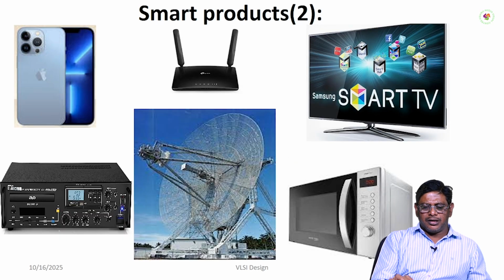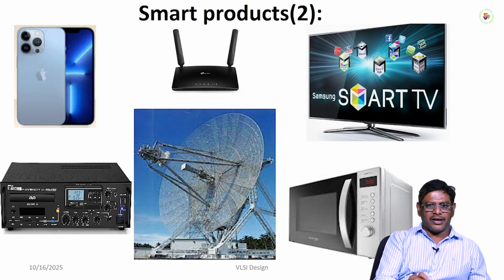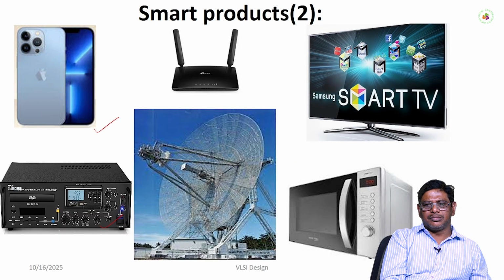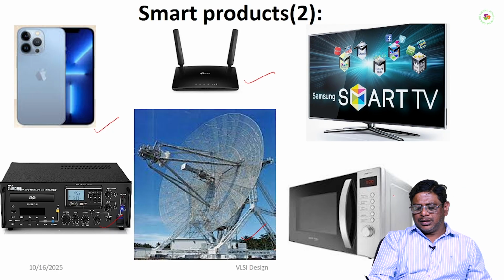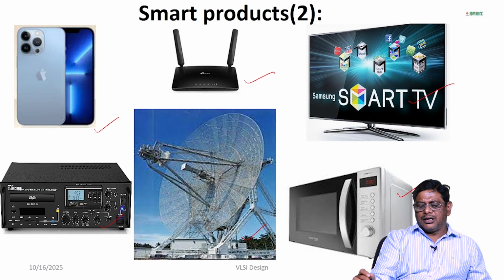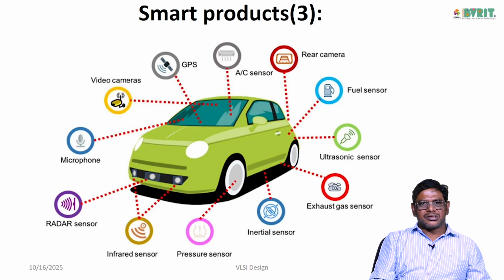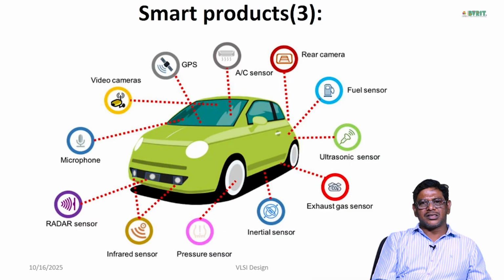These are the different products that we use in our daily life: mobile, audio system, routers, antenna, microphones, and smart TVs.